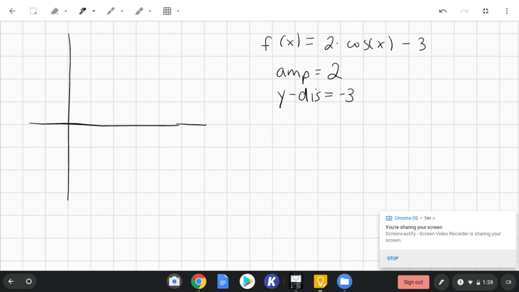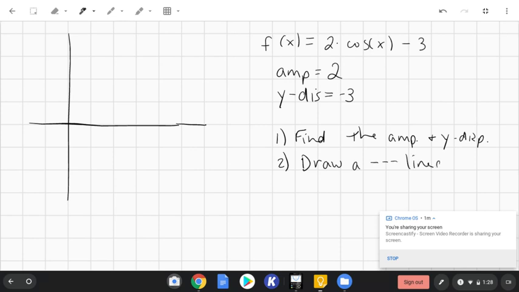So first thing that I do is just what I said, find the amplitude and y displacement. The second thing I do is draw a dotted line at the displacement.